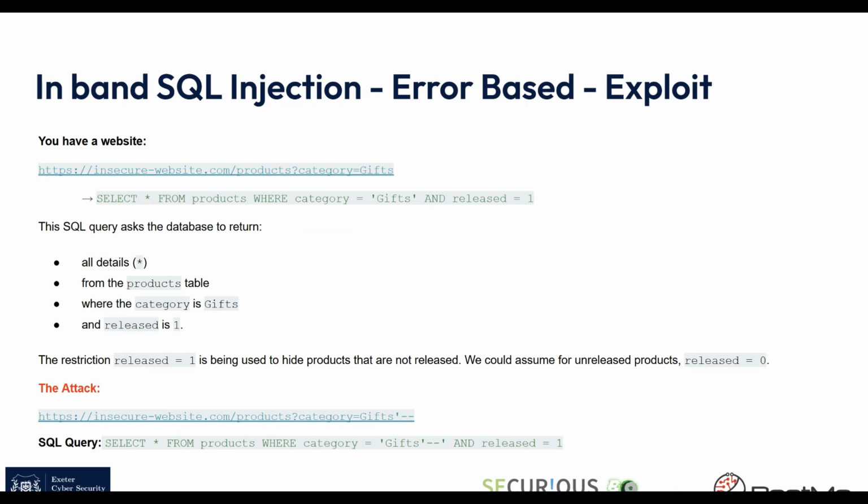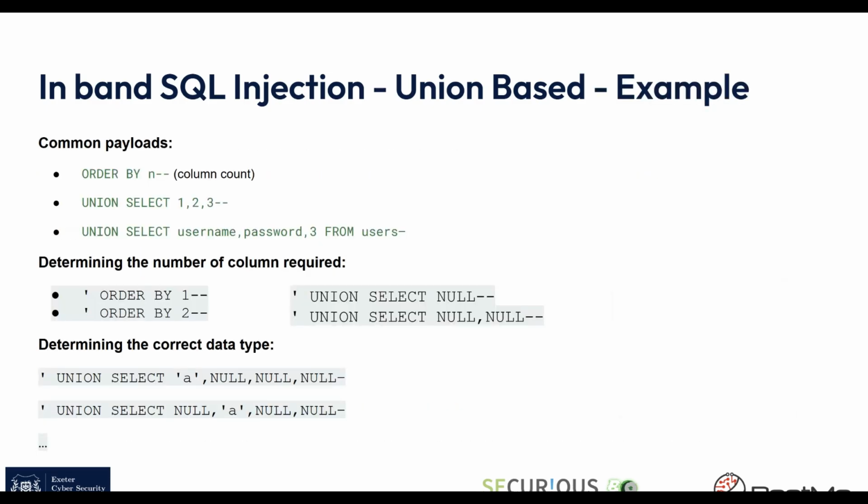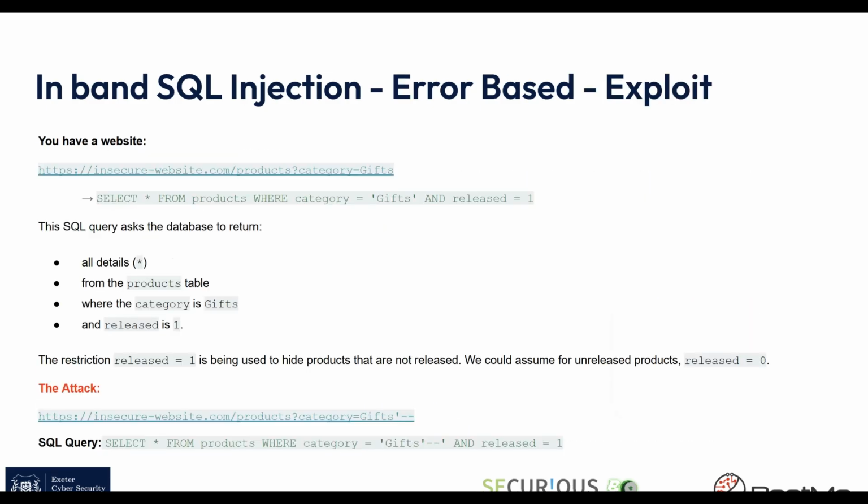So the website URL would now look like ID = 1, quote, two minus signs being the comment. I commented out the rest of the statement, and now I bypass the filter. Okay, so this was the error-based. Hopefully it's clear for everyone.